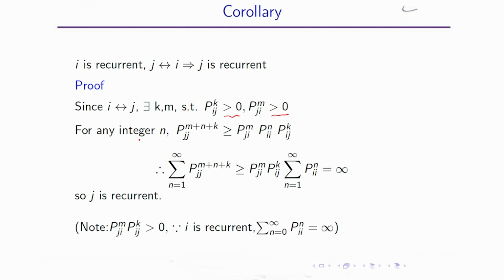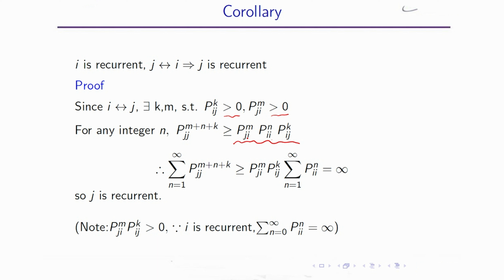So for any integer n, P_jj^(m+n+k) is greater than or equal to P_ji^m P_ii^n P_ij^k. Why is that? Because P_jj^(m+n+k) means we start from j, and after m+n+k steps, we go to j. And this is simply one possibility, right?